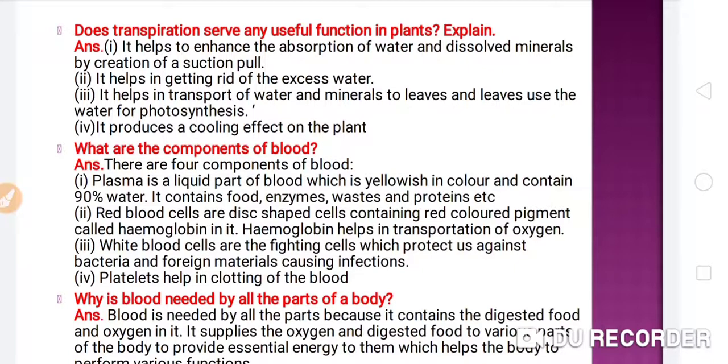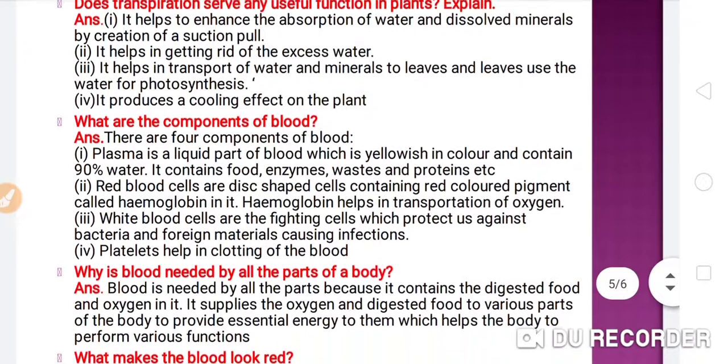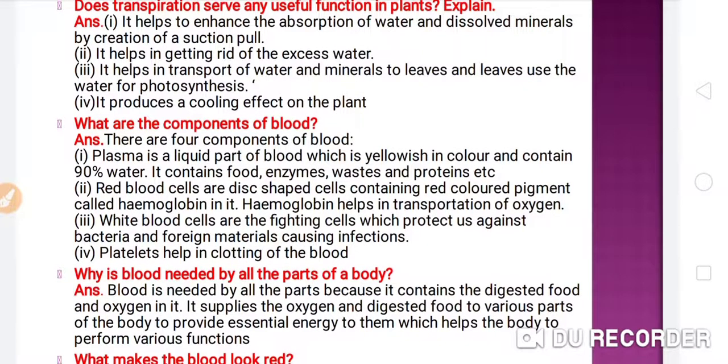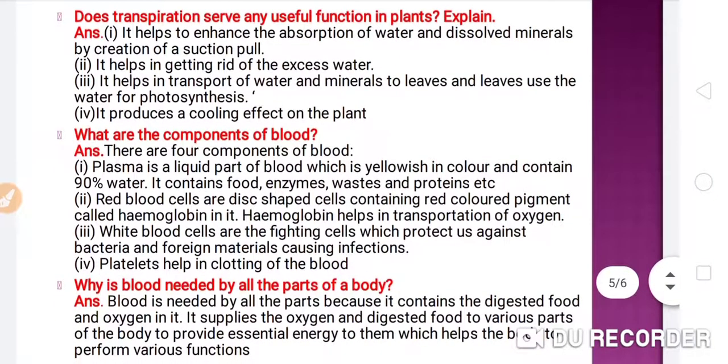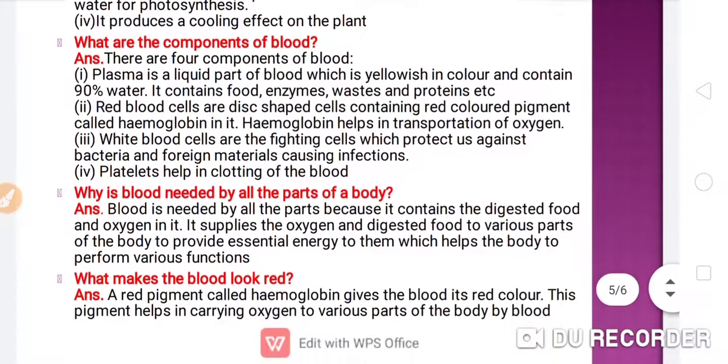Third one, it helps in transport of water and minerals to leaves, and leaves use the water for photosynthesis. And last one, it produces a cooling effect on the plant. So these all are the important functions of the transpiration process inside the plants.